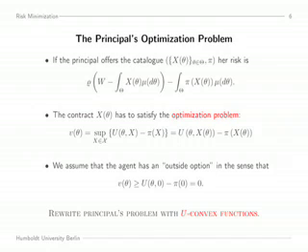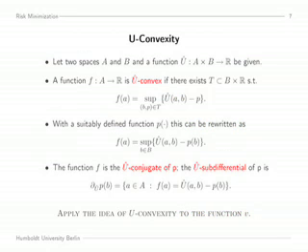So the whole point is now to rewrite the principal's optimization problem. In the form presented right now, it's probably not possible to solve it, so the goal is now to rewrite the problem in terms of a set of convex functions. And that is based on the notion of U-convexity. So what is U-convexity? U-convexity is essentially a generalization of convexity.